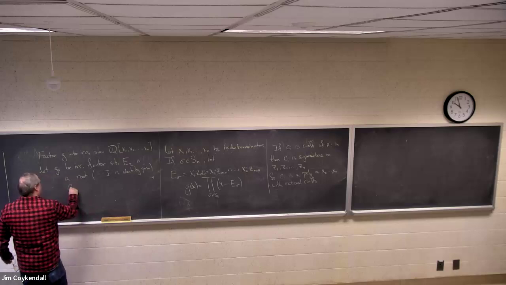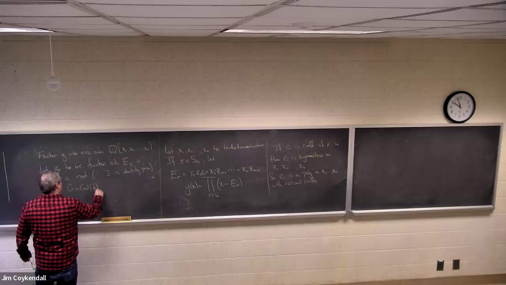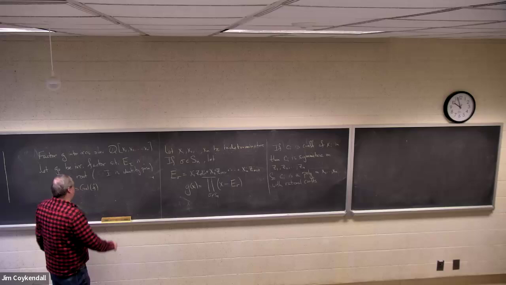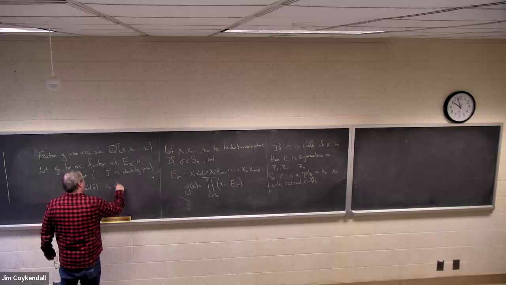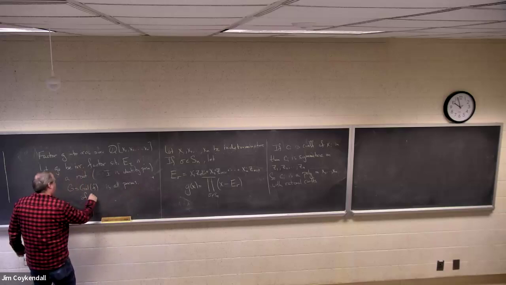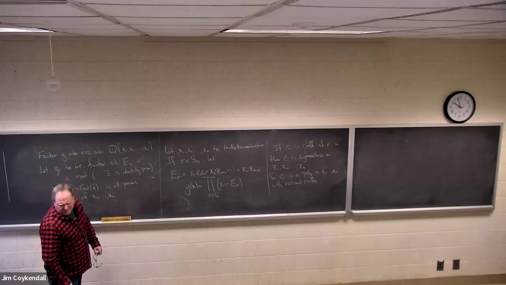The Galois group is precisely all permutations of x1 up to xn that fit.